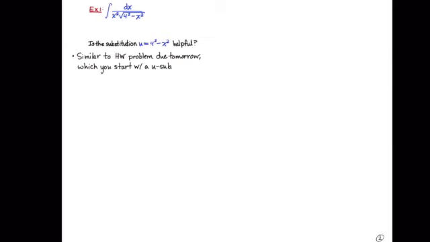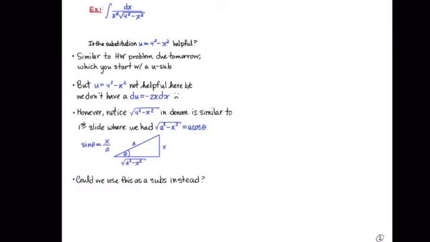Here, if we try to let u equal 4 squared minus x squared, taking a similar approach to what we did on that homework problem, we get into trouble because we don't have that 2x or negative 2x dx in the numerator. So there's no way to make this into a u sub. But, oh, there's a lot on that side.